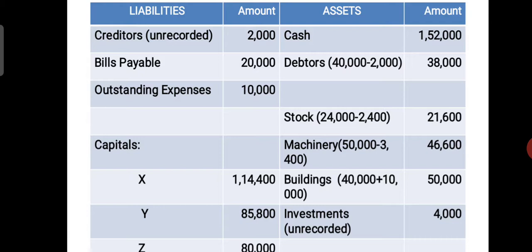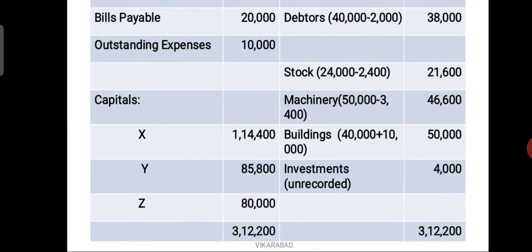Bills payable is there in the old balance sheet, so we have to take it as it is because there is no adjustment regarding this point, 20,000. Outstanding expenses, no adjustment regarding these expenses, so we take as it is, 10,000. And capital accounts of partners, X 1,14,400, Y 85,800, Z 80,000.